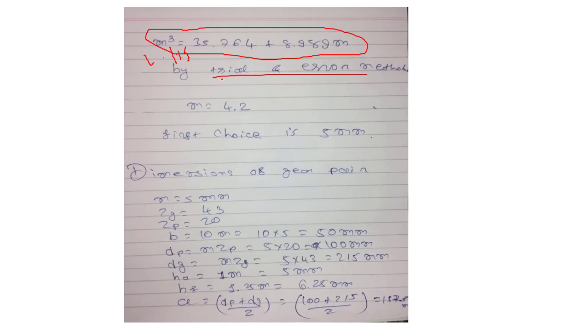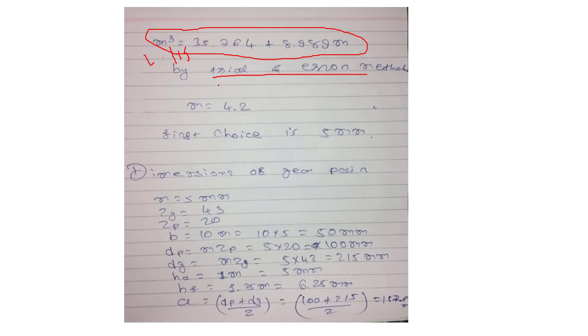I will make a separate video for this method. Now from trial and error method we find the m is equal to 4.2.